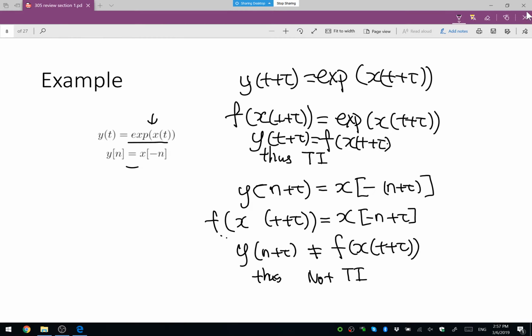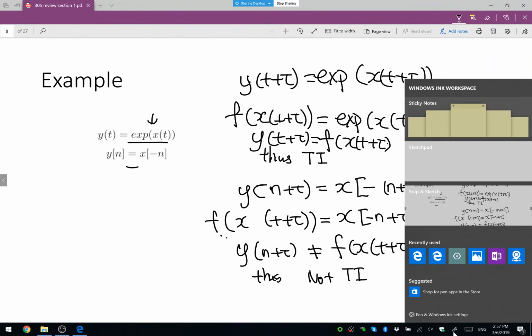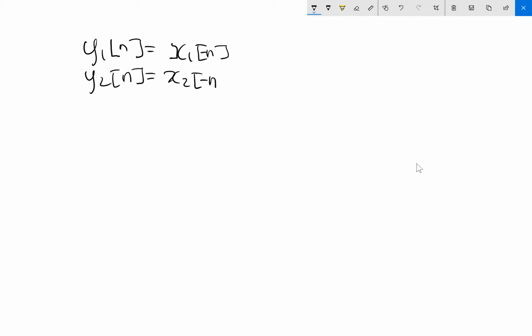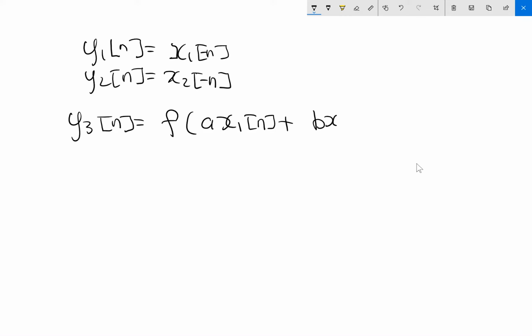So let's see the other example, y[n] equal to x[-n]. So y1[n] equal to x1[-n], sorry, y2[n] equal to x2[-n]. So y3, let's first still write that as f of the linear combination of the input, a x1[n] plus b x2[n].